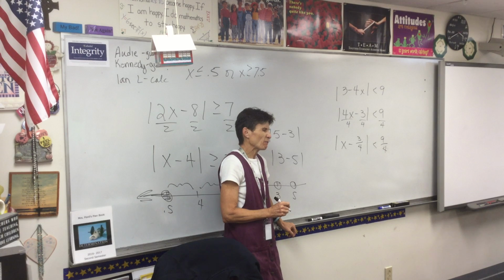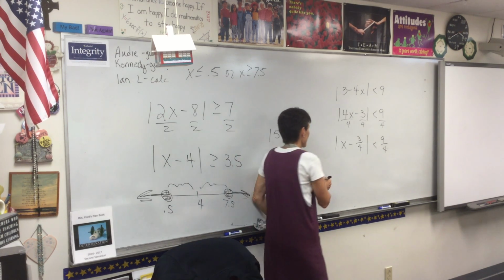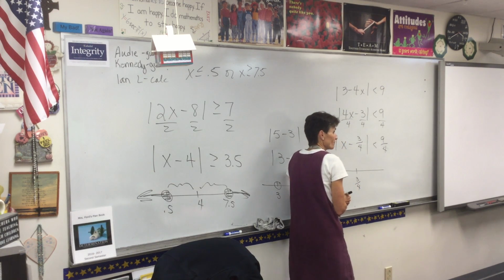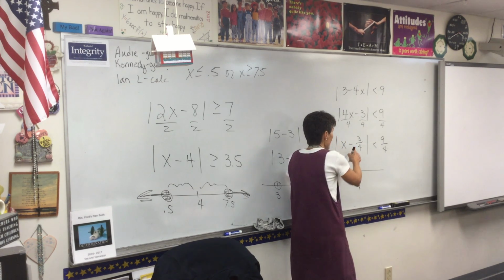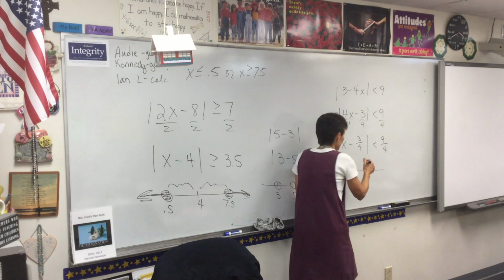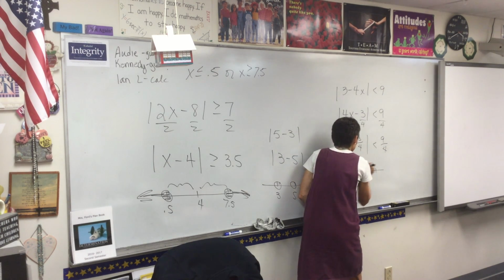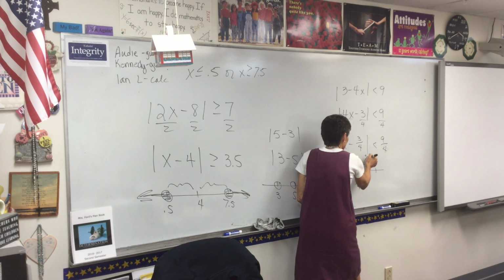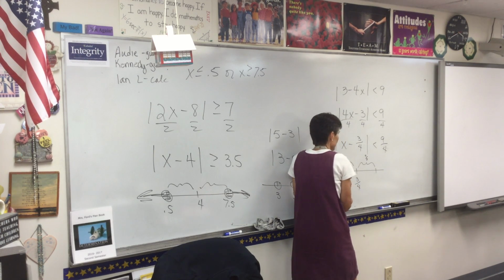I'm going to go ahead and leave the fractions this time, because right in the middle of my number line, I'm going to put a 3/4. And then remember what you do. You count forwards and backwards 9/4. So it's nice having a common denominator.